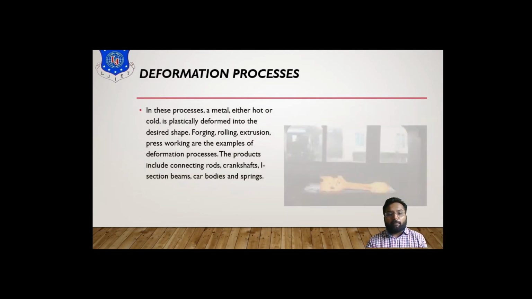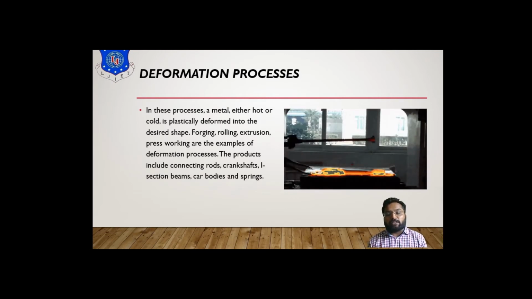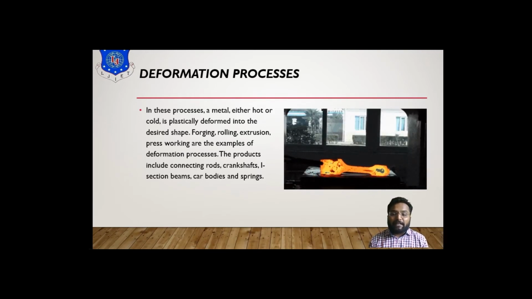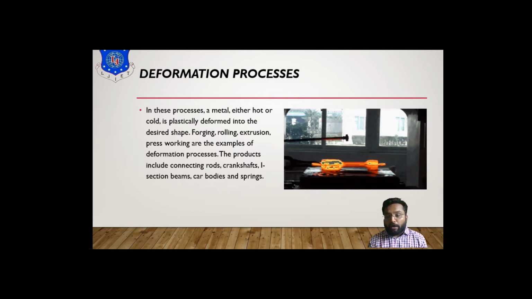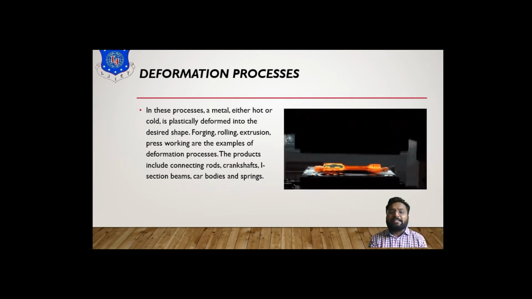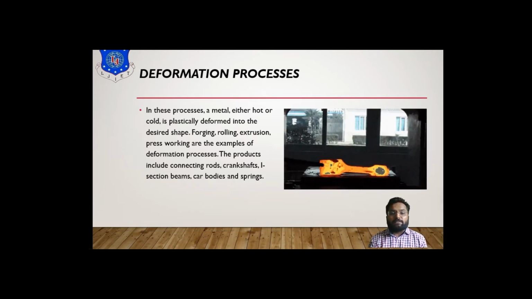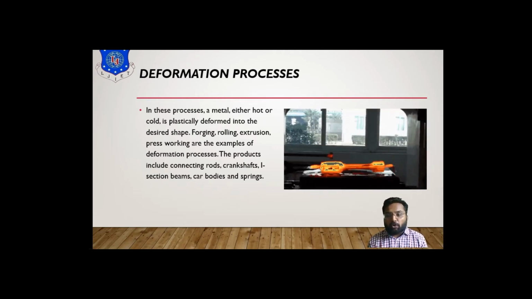The second process is the deformation process. In the deformation process, we will cold work or hot work our component and pressurize it to deform it into our required or desired shape. Here we will have a higher amount of strength, but at the same time, the tooling of this process is very costly compared to the casting process.